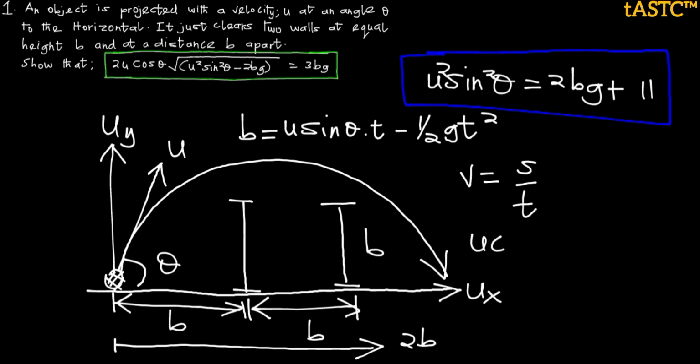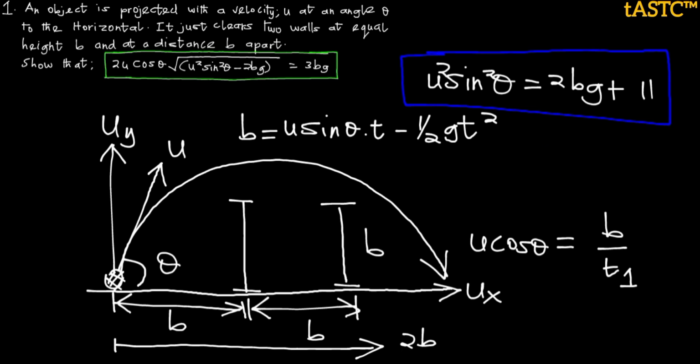This is u cos theta. And this is going to stand for the displacement. So let us say the displacement from the position of this ball to the first wall is b. So that will be b divided by t1. Now t1 stands for the time taken to reach this wall. That is the first foot of the wall.